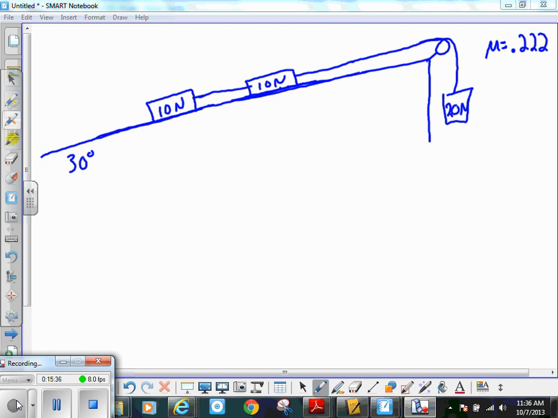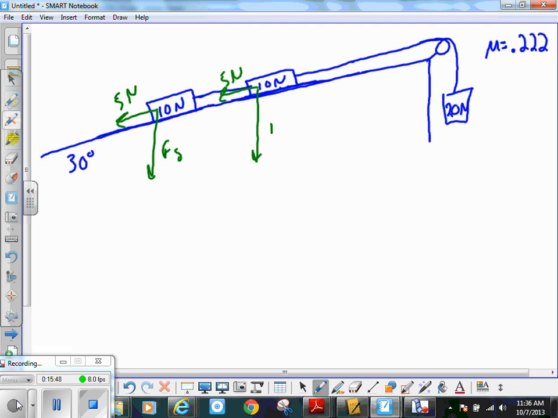Because we have 2 sines of 30, which this will be 5 newtons, and this will be 5 newtons, keeping in mind we're getting that out of our force of gravity, right? So that's 5 newtons, and then we got 20 newtons over here. So if this thing accelerates, it's definitely going to go in that direction. Do you agree with that? Okay, so now the next question we have to ask ourselves is, is friction enough to make up for that other 10 newtons?